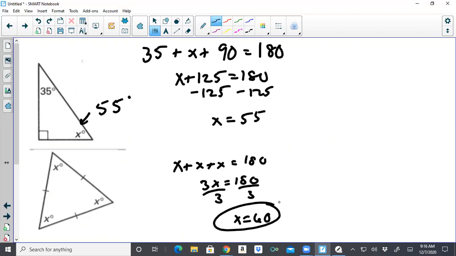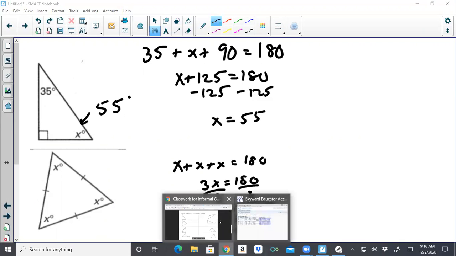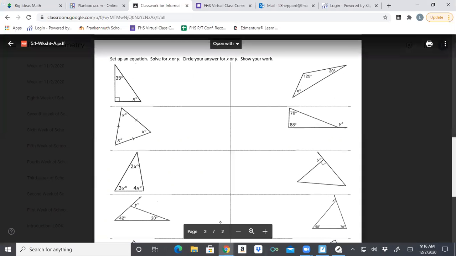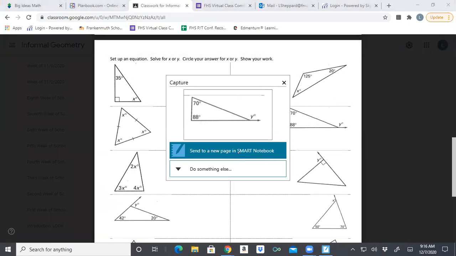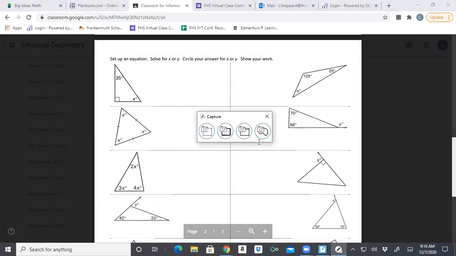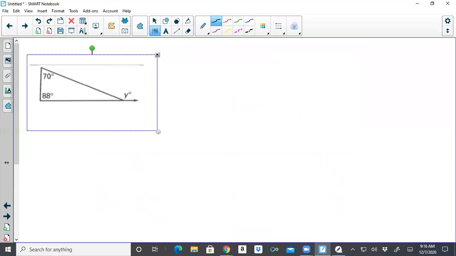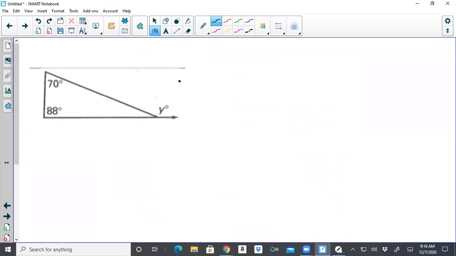That's what you have to be able to do. Now the exterior angle one, that's a little bit trickier. Tiny bit trickier. So this one right here, let's look at this triangle. And if we look at this one, obviously we can see that Y is an exterior angle.